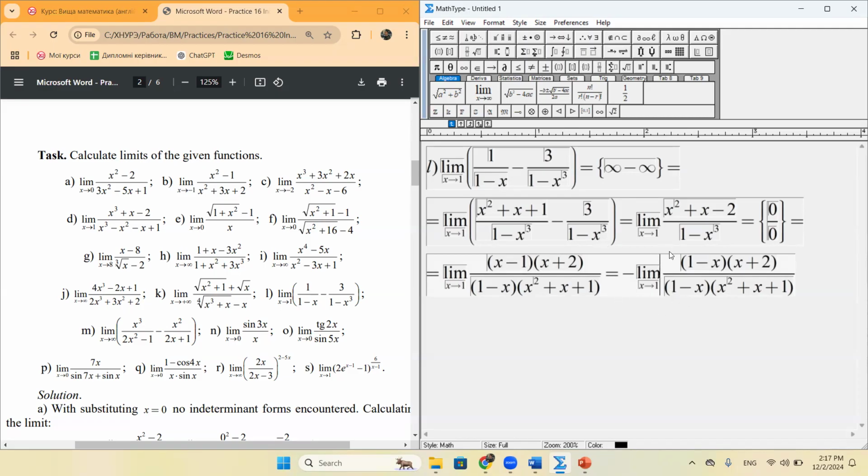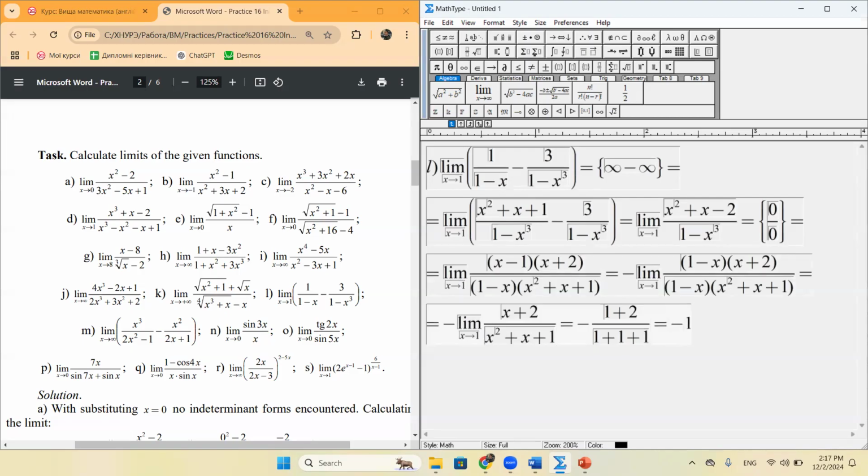So now change the sign, so minus is here, and I will just reduce these expressions. And now we have no indeterminate forms. So basically the answer is -1.